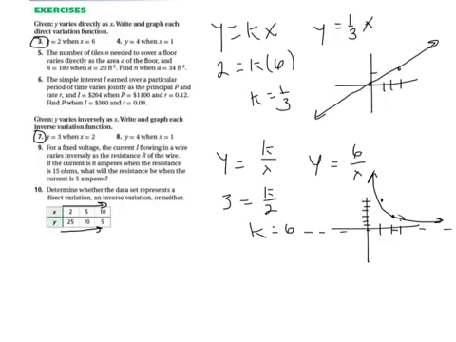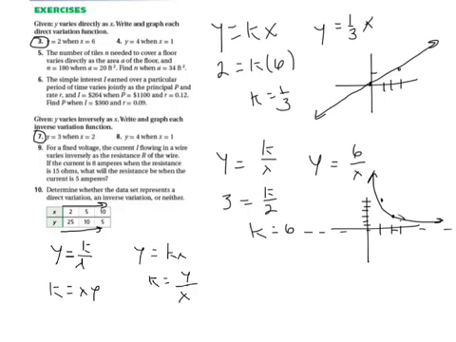If they're inverse, we have y equals k over x, so k equals xy. If it was direct, it'd be y equals kx, so k would equal y divided by x. So we test those two things to see if there's a constant.